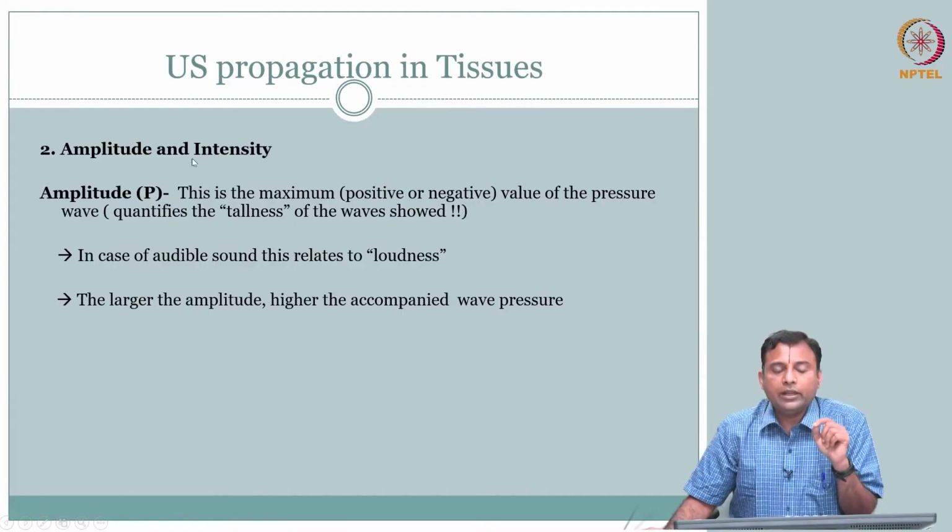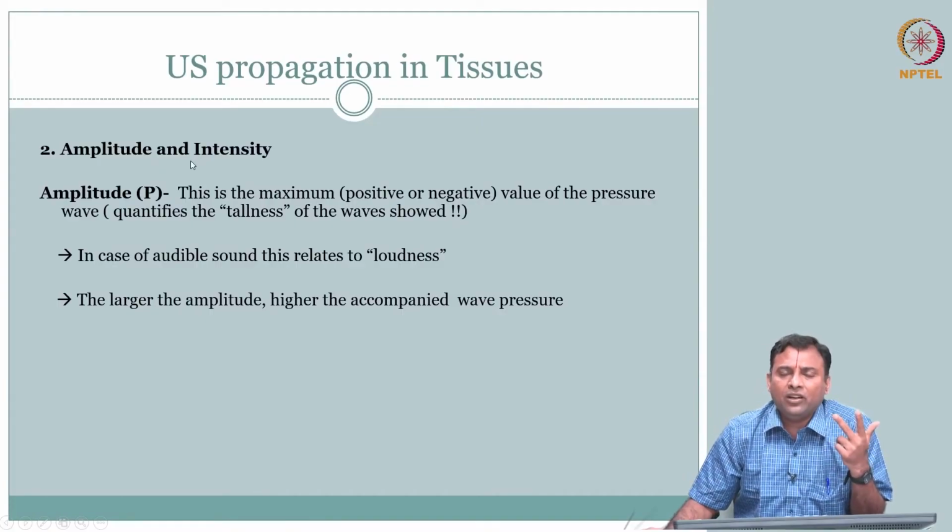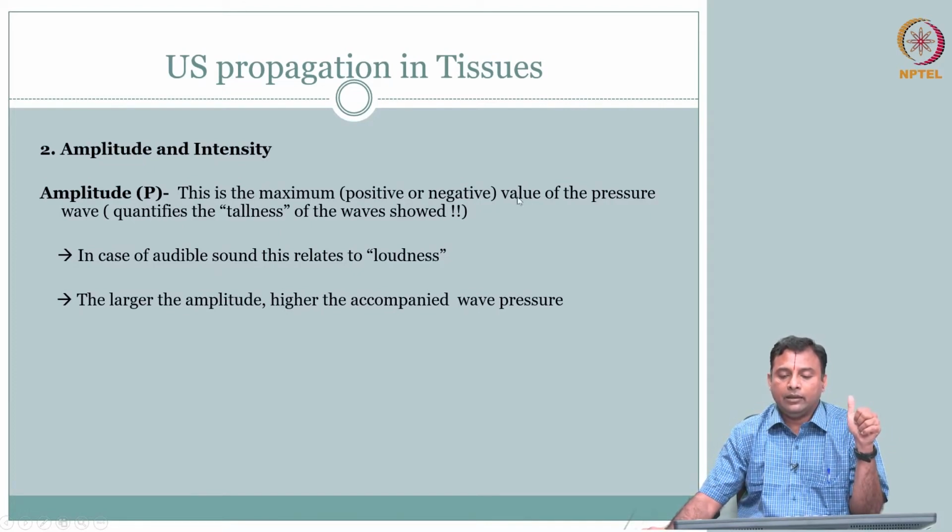Then we talked about the number of photons and photon intensity in the previous X-ray based modality. Here again you have amplitude and intensity. What is amplitude? What we have been dealing with, pressure amplitudes. So pressure is the maximum value of the pressure.